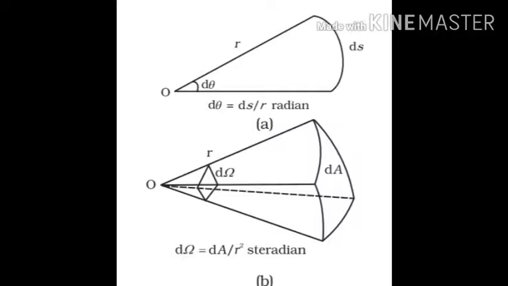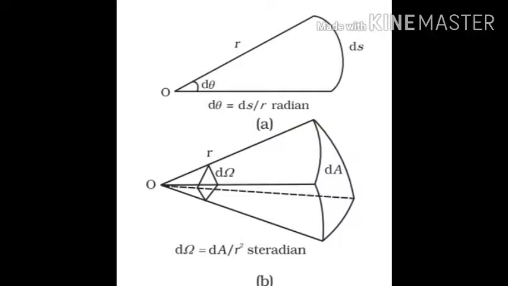Solid angle, with a unit of steradian, is defined by d omega as the ratio of the intercepted area dA of a spherical surface described about the apex O as the center to the square of its radius. So these are the two supplementary units and 7 basic or fundamental units. In total 9 units are considered in the SI measurement system.